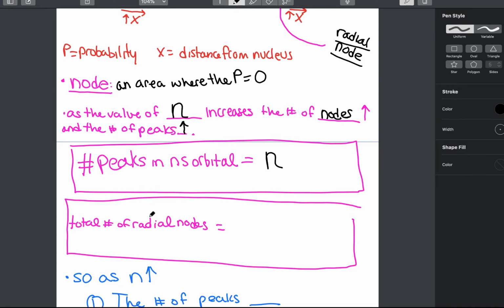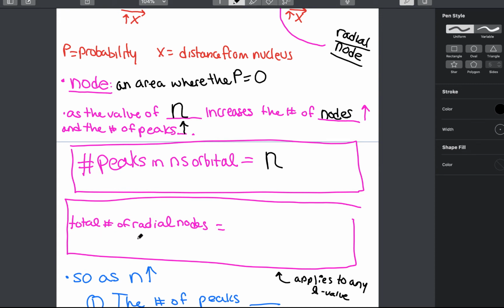The total number of radial nodes in a particular orbital, so this equation that I'm going to give you applies to any L value. So this equation will apply to any L value. So this will work for S, P, D, F, etc. orbitals.